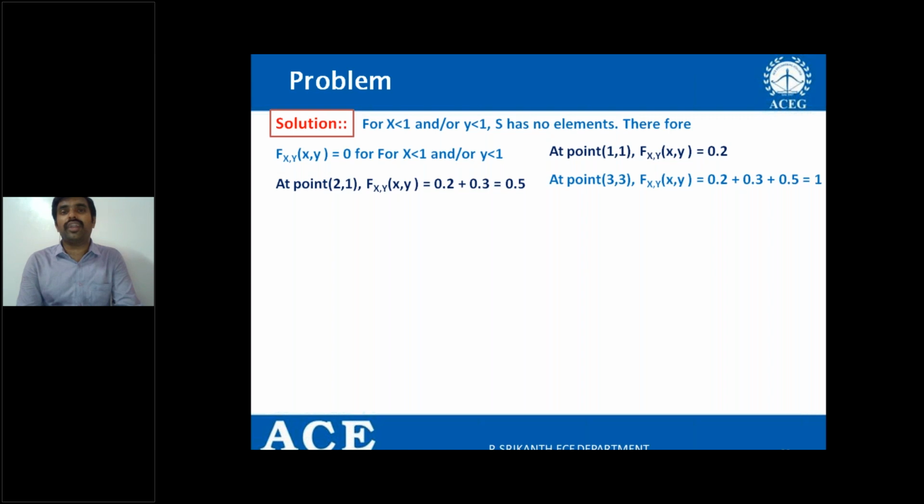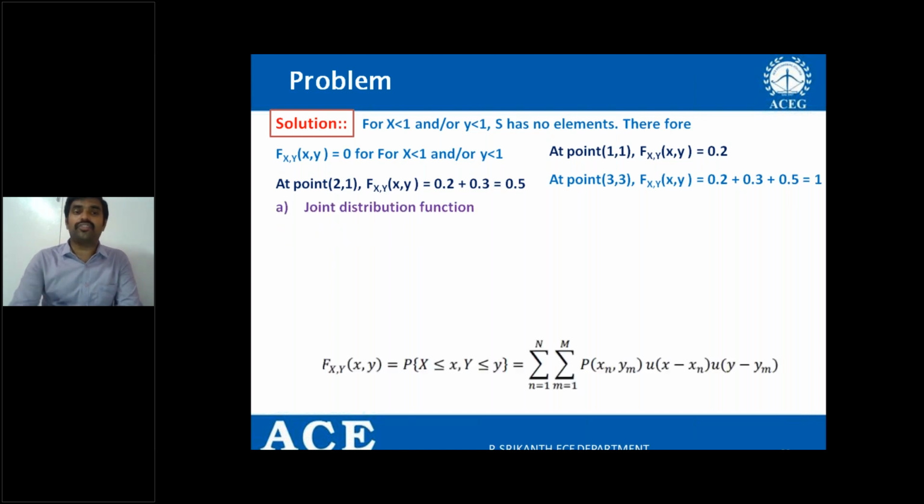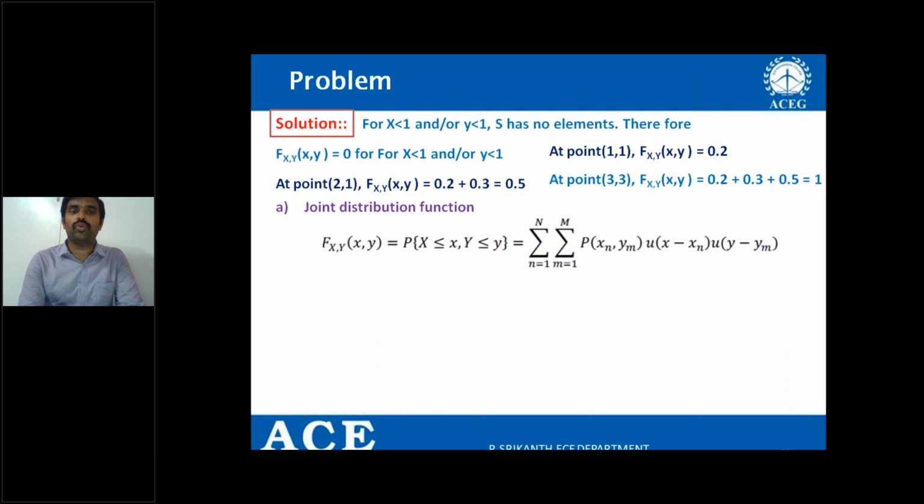If the two random variables are discrete, we all know how to write the expression for the distribution function. Therefore, the joint distribution function will be equal to P(X less than or equal to x, Y less than or equal to y), which is equal to summation from n equal to 1 to N and m equal to 1 to M, P(x_n, y_m) u(x minus x_n) u(y minus y_m).